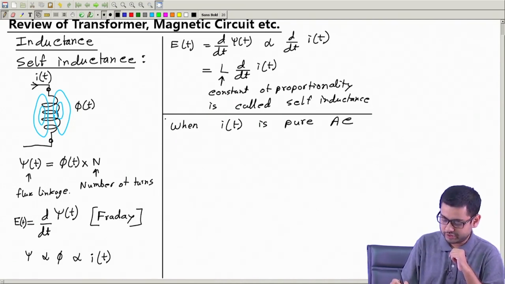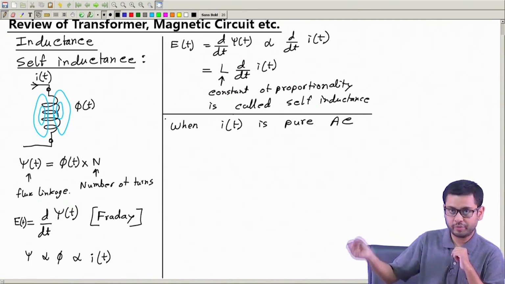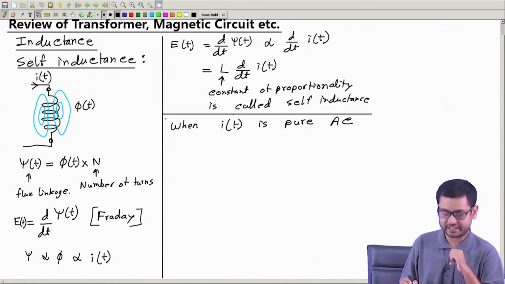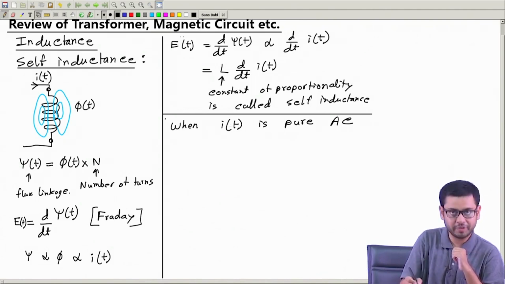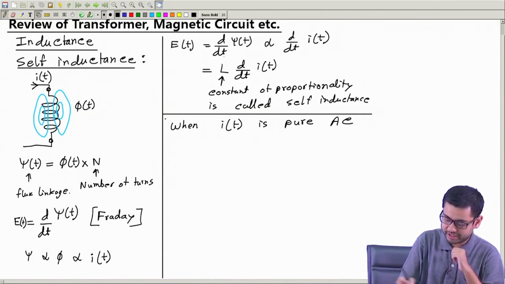Then we can often express i(t) as an exponential e to the power j omega t, omega being the angular frequency. If i is sinusoidal, then its derivative will also be sinusoidal with a phase lag of 90 degrees. Just recall this.